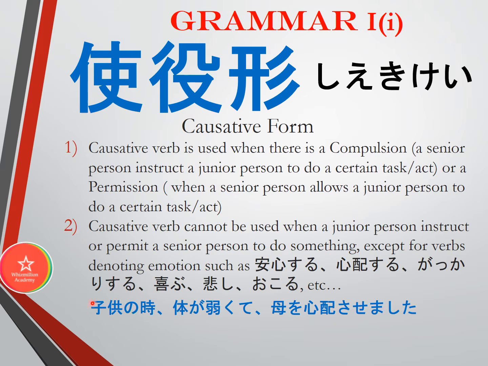Okay, let's look at one example. When I was a child, my poor health worried my mother. Kodomo no toki karada ga yowakute haha o shinpai sasemashita. Over here, my mom is more senior than me, and my mom is worried about me.